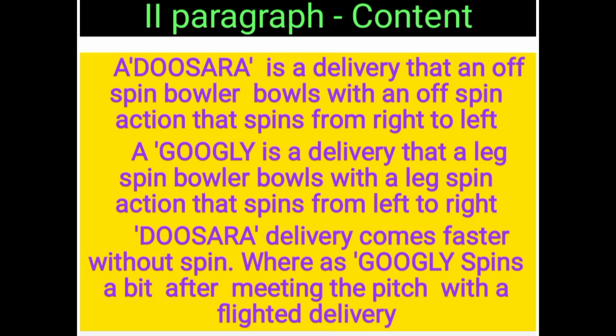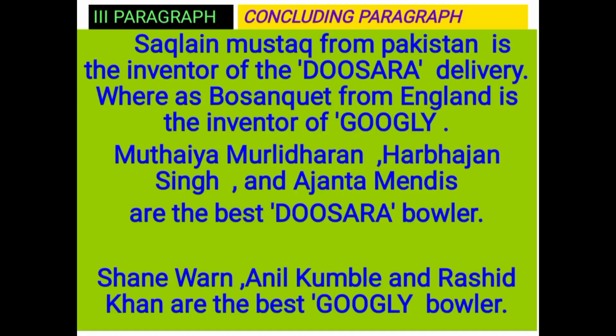Friends, see here how simple the words are that I have used. I have made short paragraphs here. Now see the last and third paragraph, called the concluding paragraph. We have to conclude here by giving some examples of Dusra and Googly.